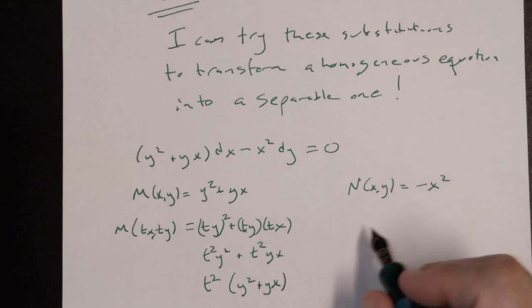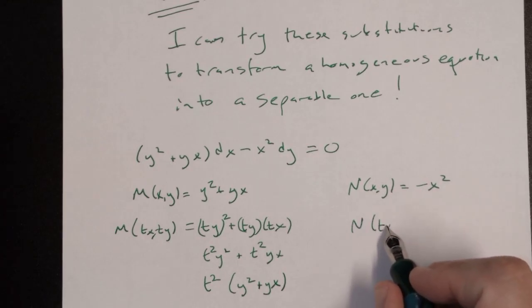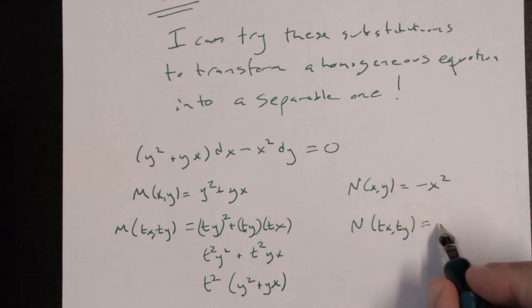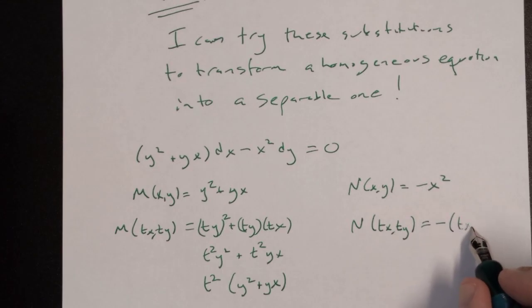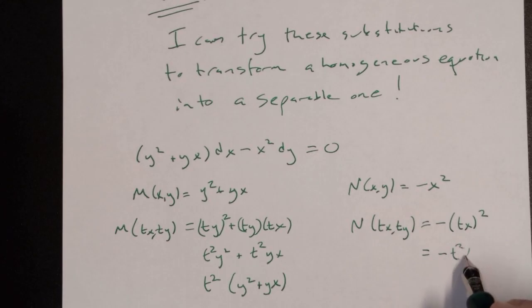And over here, if I do N of tx, ty, I get minus the quantity tx squared. That's minus t squared x squared, which is t squared times the original thing. These are both homogeneous of order 2.